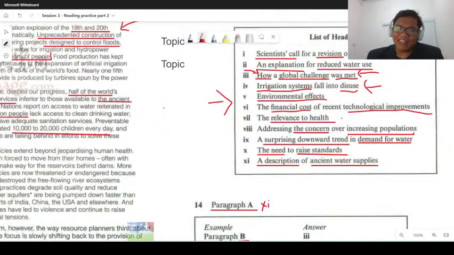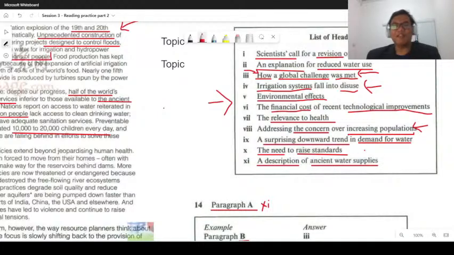Doesn't really say anything positive or negative. Addressing the concern over increasing population does sound negative, right? A surprising downward trend in demand for water doesn't really tell if it's negative or positive. The need to raise standards doesn't sound positive or negative. A description of ancient, we already did that.